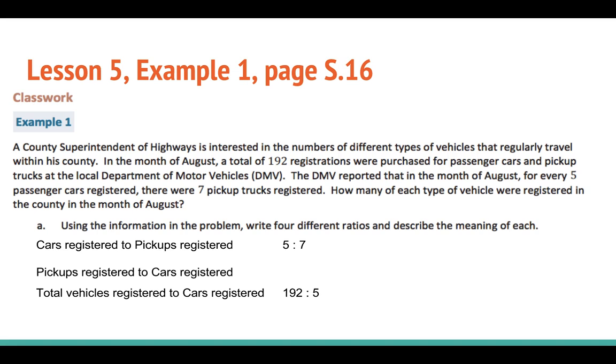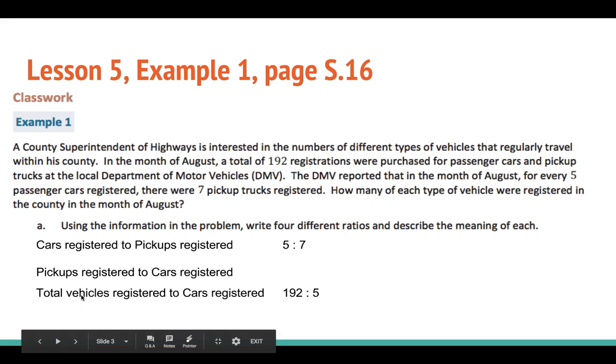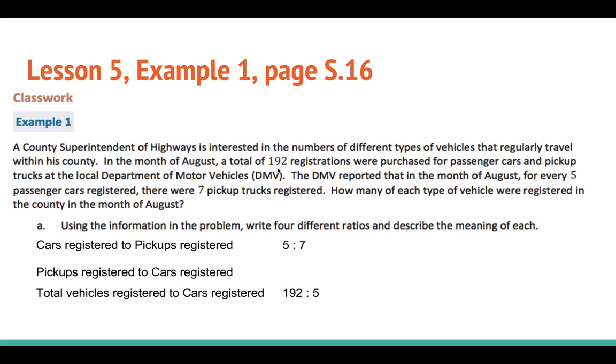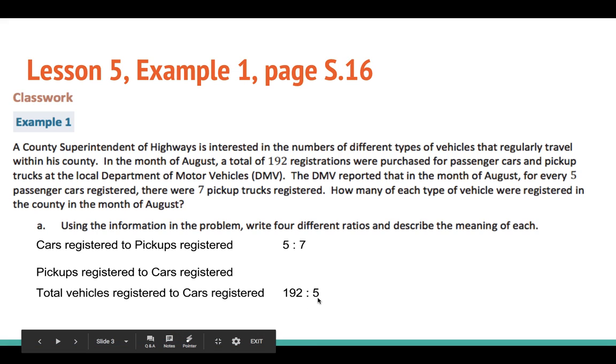Another ratio that we see here is total vehicles registered to cars registered. This is our whole to part ratio. That's 192 to 5. They tell us that it is a total of 192 registrations. That's our whole number, and 5 is the cars registered, and that's part.